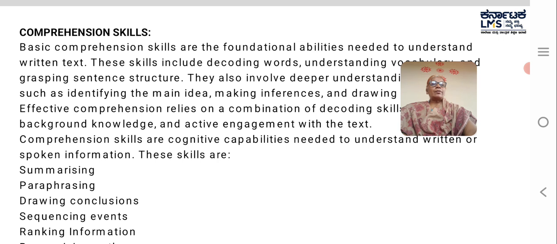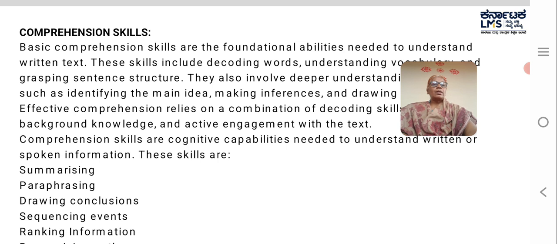It is a set of skills which include not just recognizing words, but understanding the meaning of sentences, paragraphs, larger pieces of text, as well as the ability to draw inferences, make connections, and relate the information to prior knowledge. Comprehension skills are cognitive capabilities.